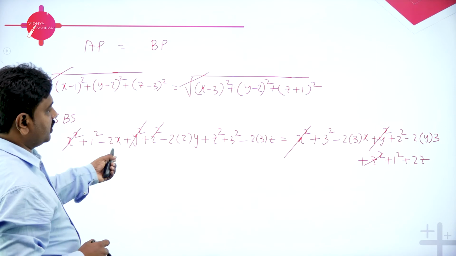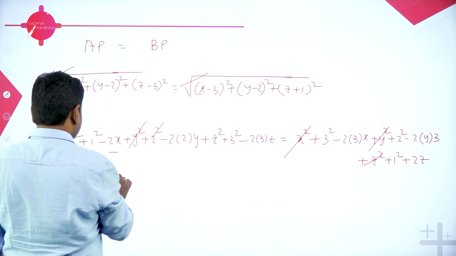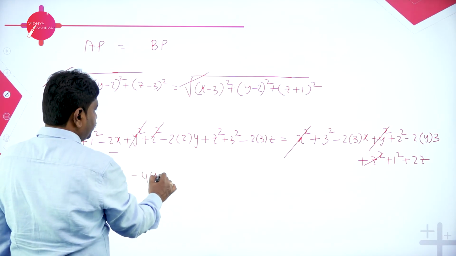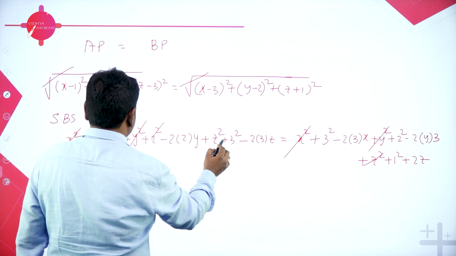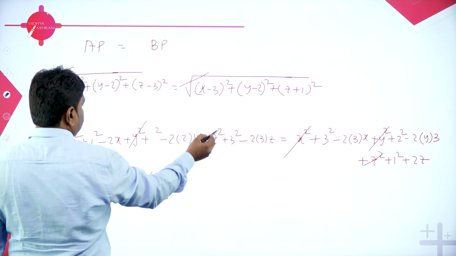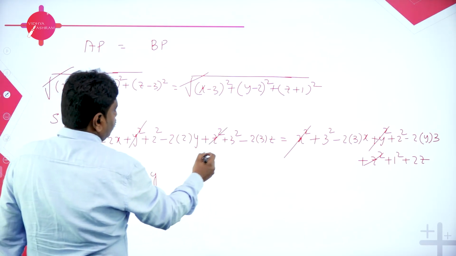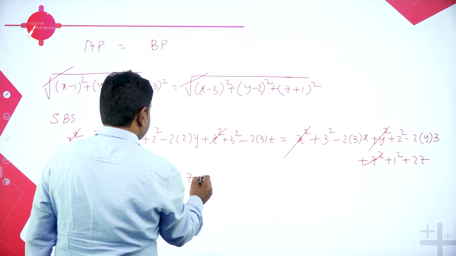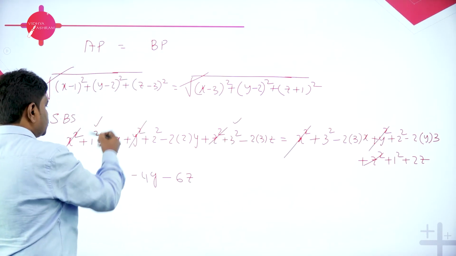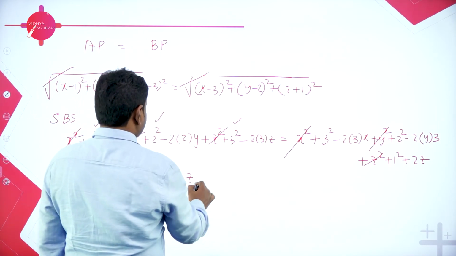Here we have minus 2x, minus into minus 2 twos are 4y, and minus 6z. Numbers you simplify: 3 square is 9 plus 1 is 10, 10 plus 4 is 14. So plus 14.